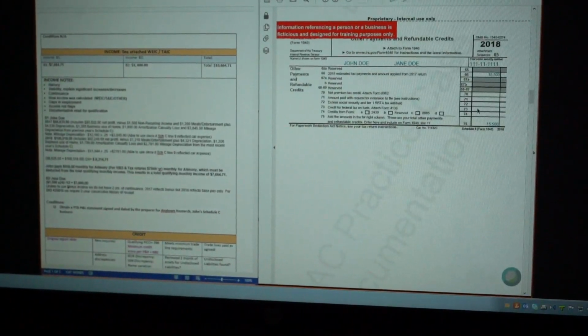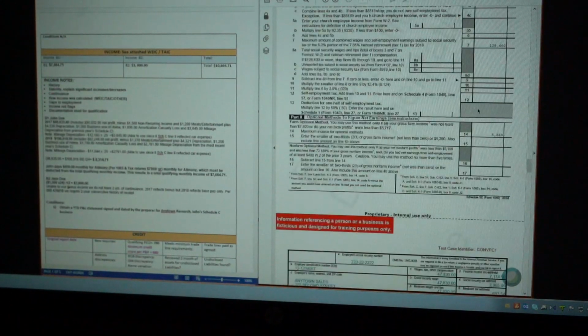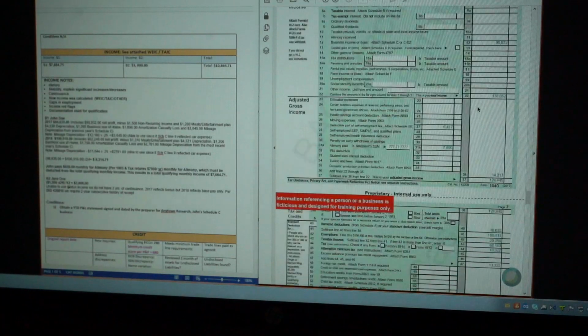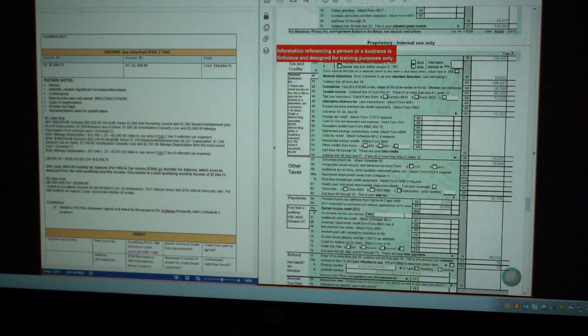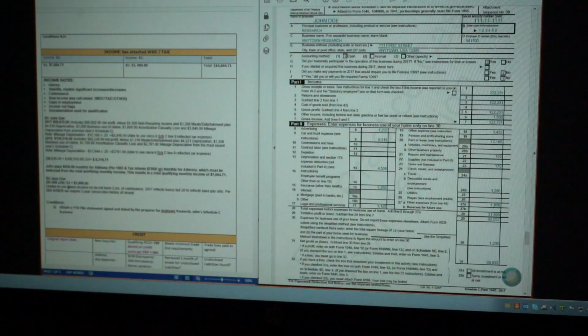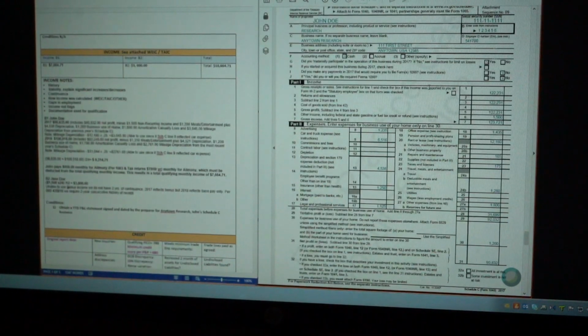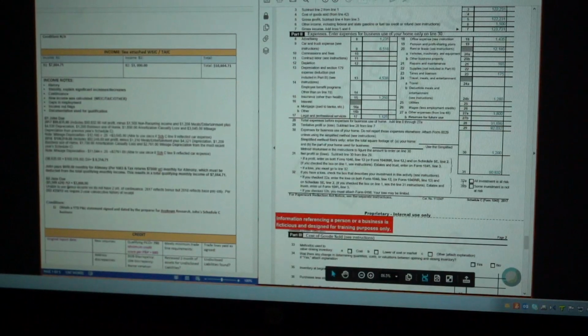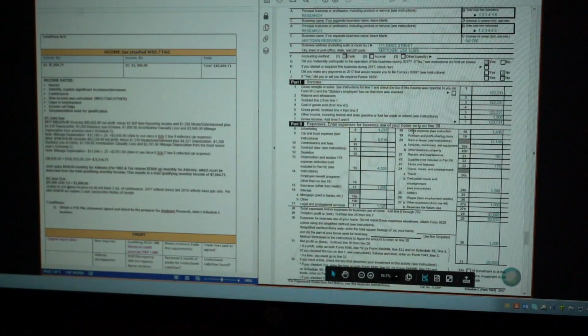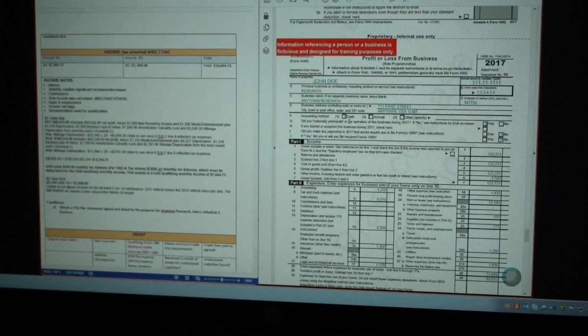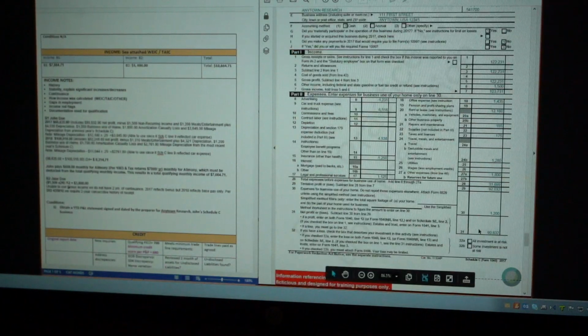So for 2017, let's look at 2017 first. They had a profit of $90,832.